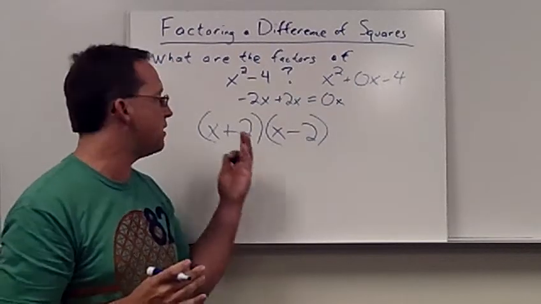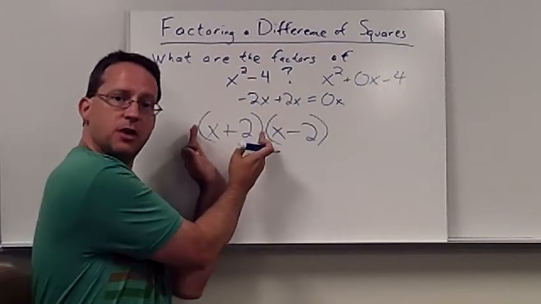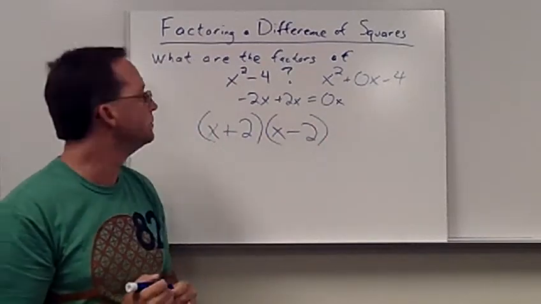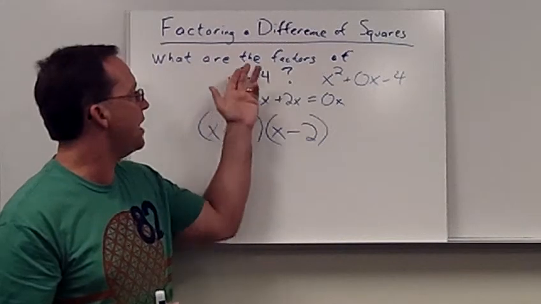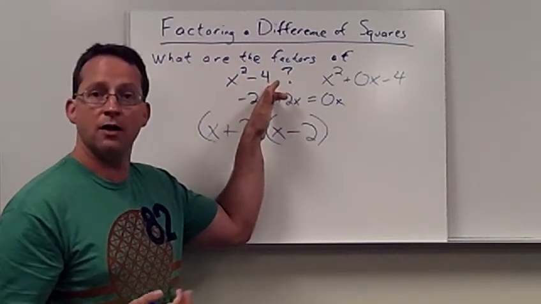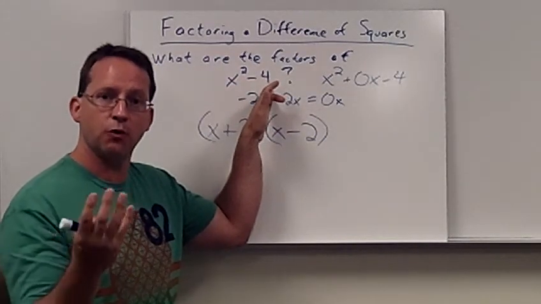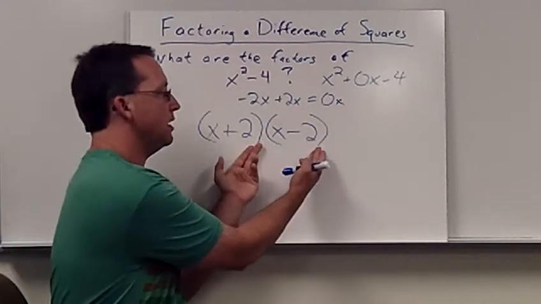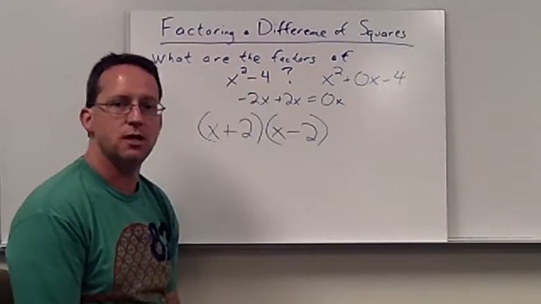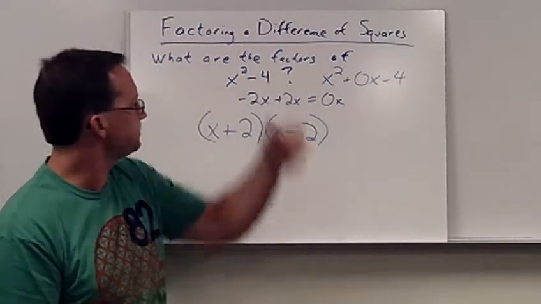So when we break that down, it breaks down into the factors of x plus 2 and x minus 2. And in general, you're going to see that pattern as we have x squared minus a number that we call a perfect square. Something we can multiply a number by itself to get this number. 2 times 2 is 4, and so that 2 times 2 goes there to help us factor this down.